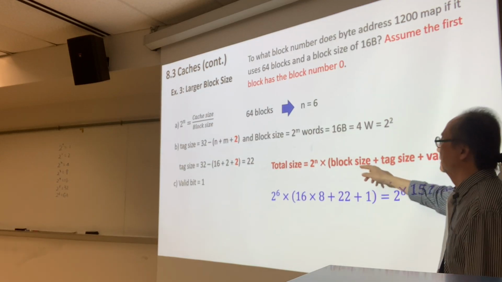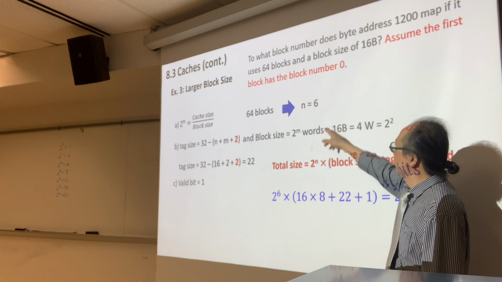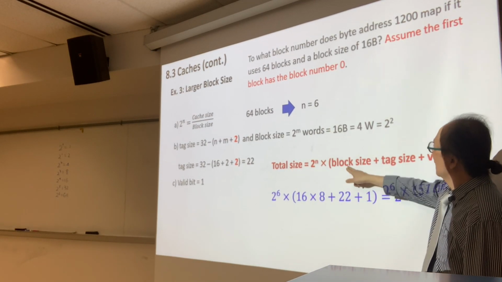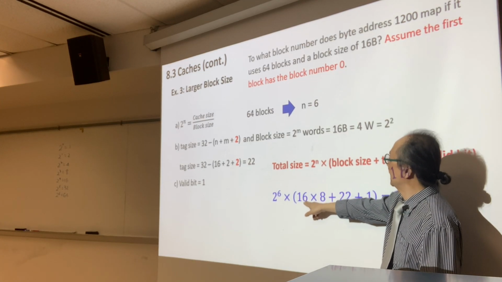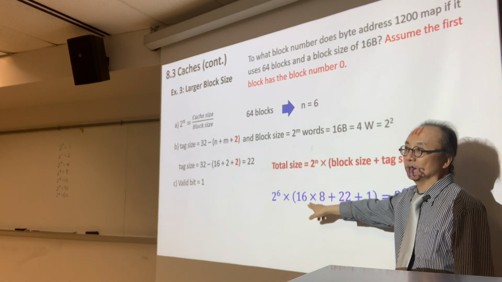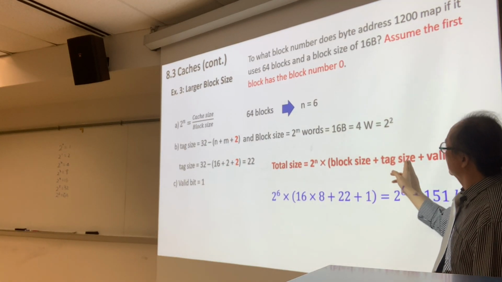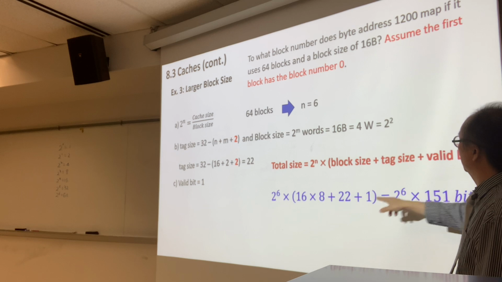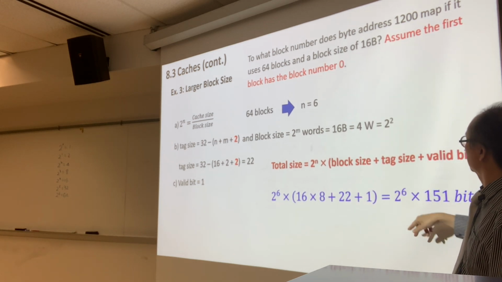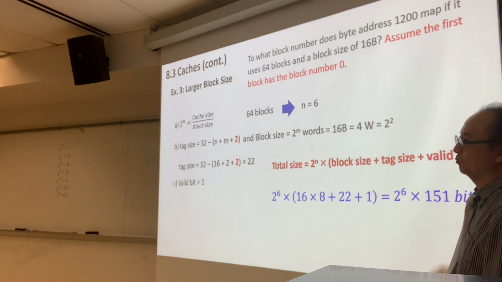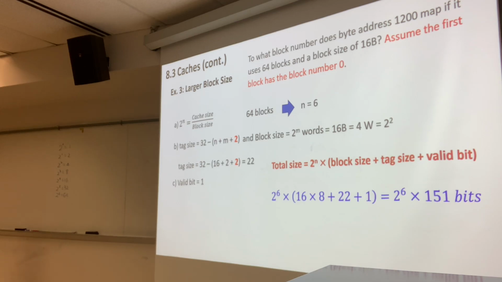The total size is 2 to the power of n, which is 6, times the block size, 16 times 8, because it's 16 bytes, plus the tag size of 22, plus the valid bit of 1. So 2 to the power of 6 times 151 bits. We calculate the size of the cache.